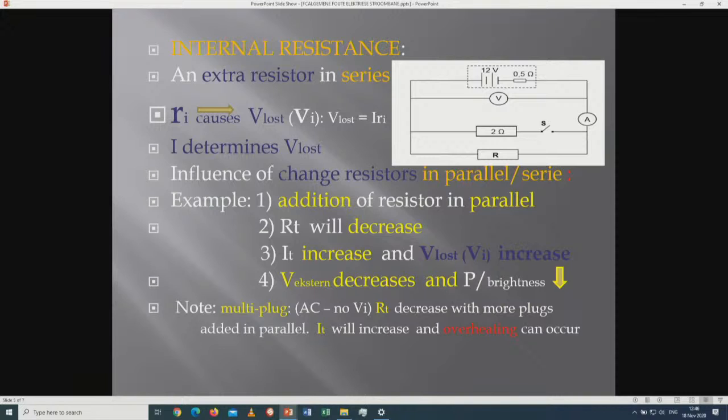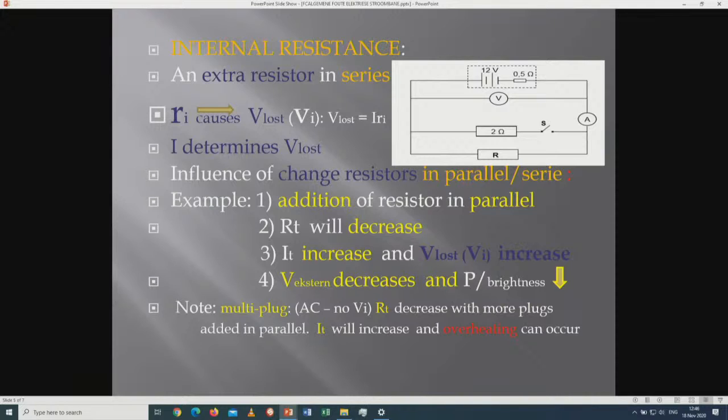And then you will know that the increase in total current will generate more heating energy. The power dissipated in that multiplug by means of heat energy generated per second will cause that plug to overheat. So with multiplugs, there's no internal resistance.